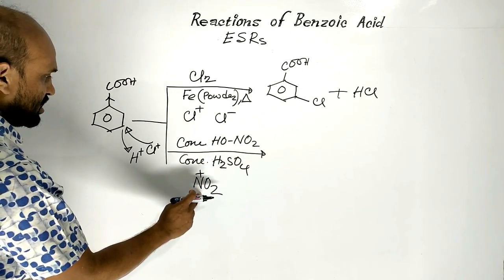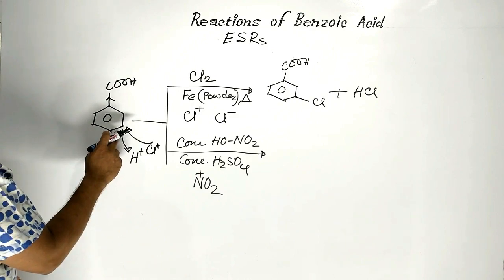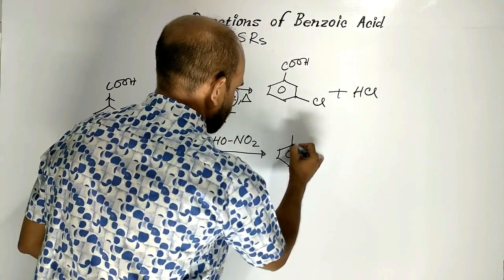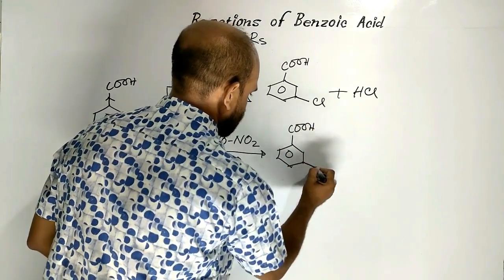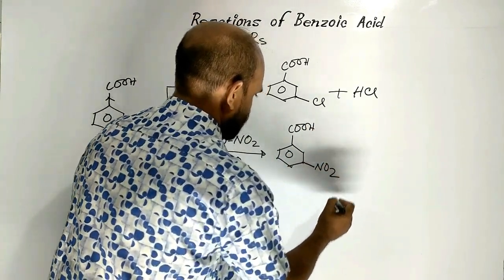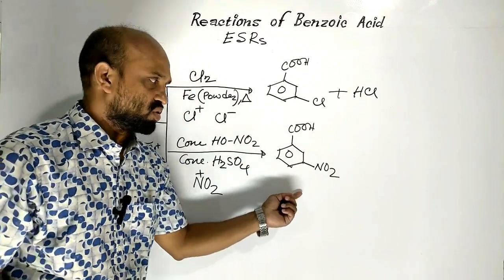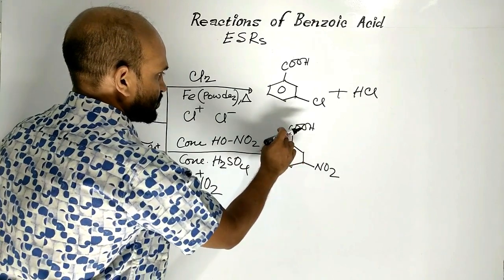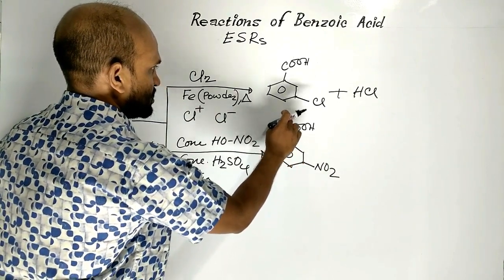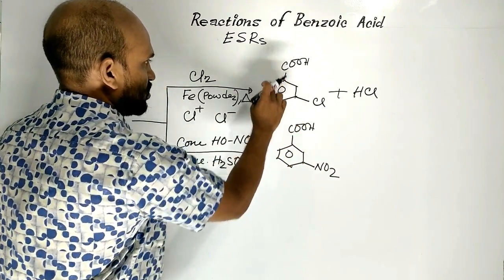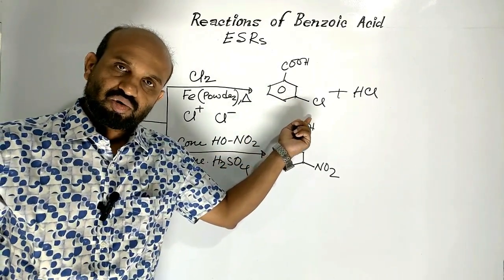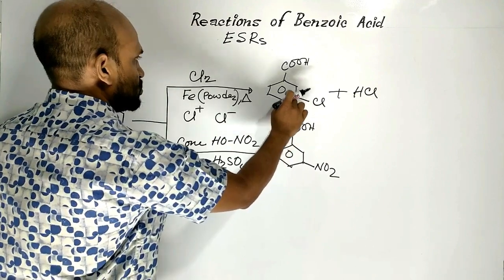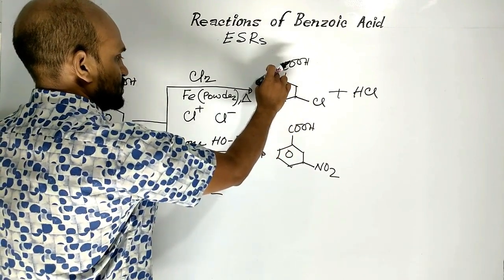This nitronium ion attacks meta position, and as a result, this compound is formed, meta-nitrobenzoic acid or 3-nitrobenzoic acid with respect to carboxyl group. This is metachlorobenzoic acid or 3-chlorobenzoic acid. This is position number 3 with respect to carboxyl group.